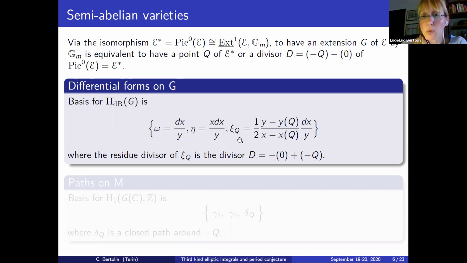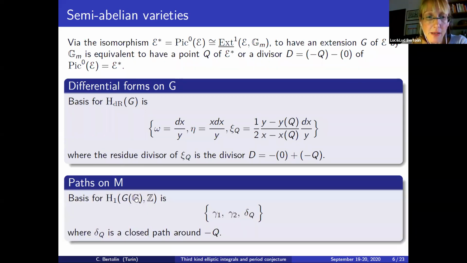And then we just add this CQ, which is related to the differential of the third kind. And the residue divisor of CQ is exactly the divisor which parameterizes the extension G. And this is the basis of the de Rham homology of such an extension G.